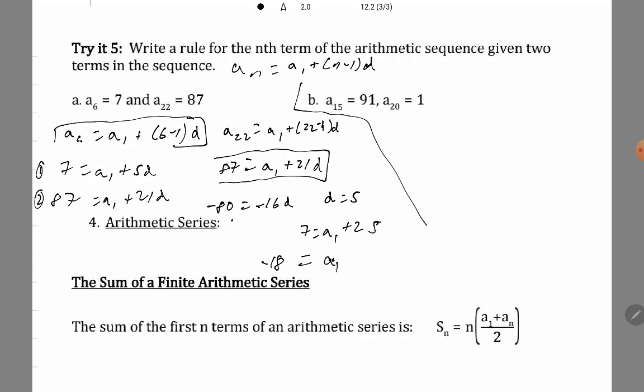So my rule, finally, is a sub n equals negative 18 plus n minus 1 times d, which is 5.